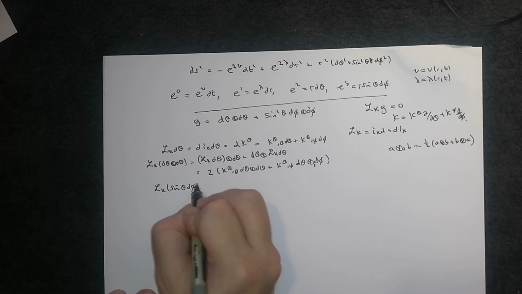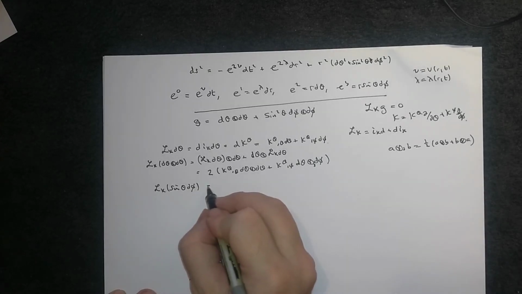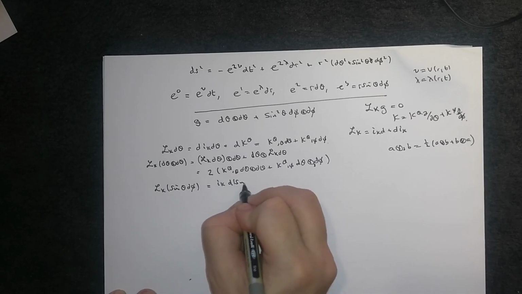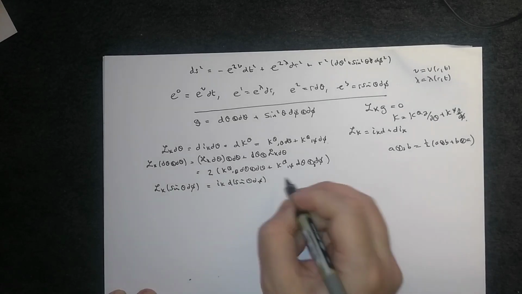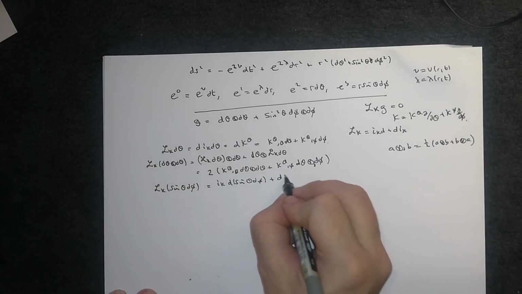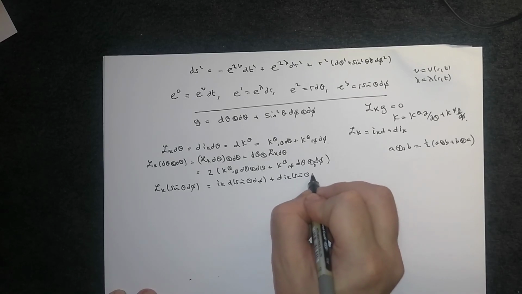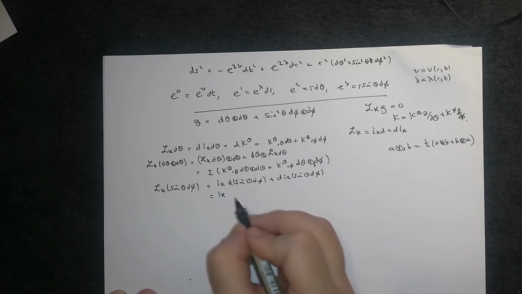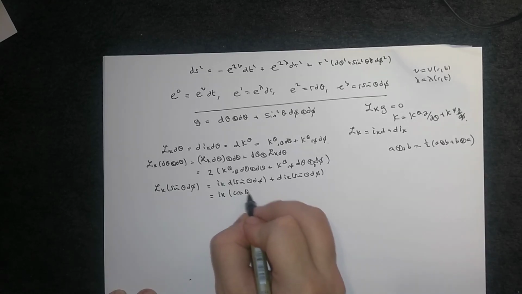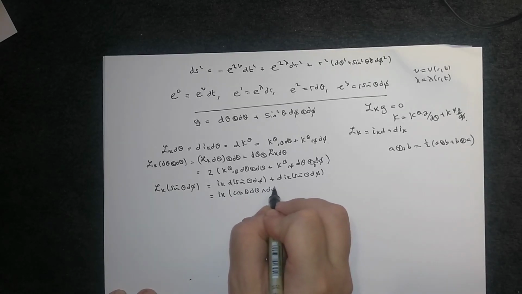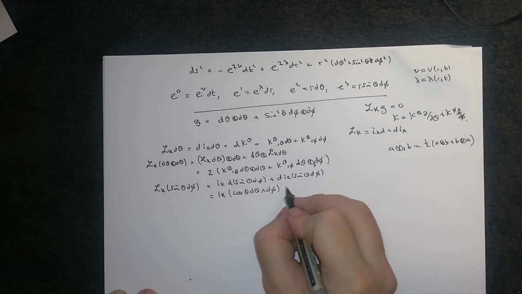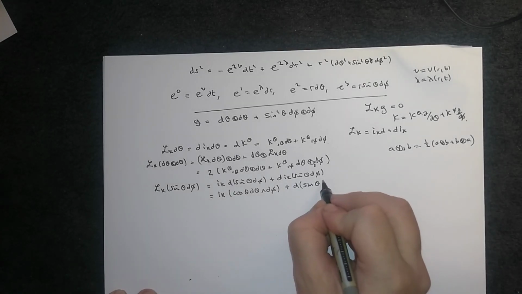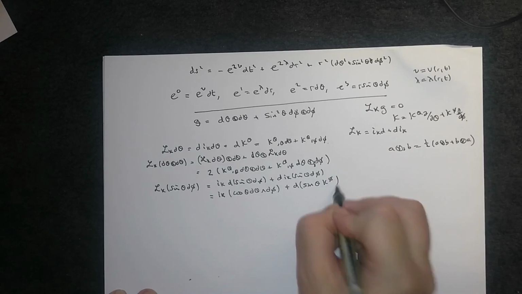Lie derivative of the following thing, sine theta d phi, is i_k d of sine theta d phi plus d i_k of sine theta d phi. That's i_k into cos theta d theta wedge d phi from there, plus d of sine theta k phi.